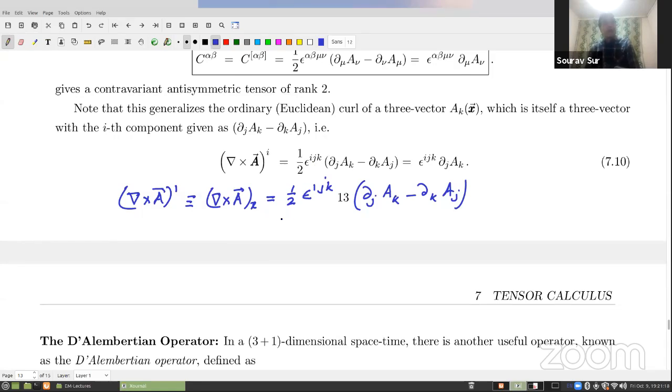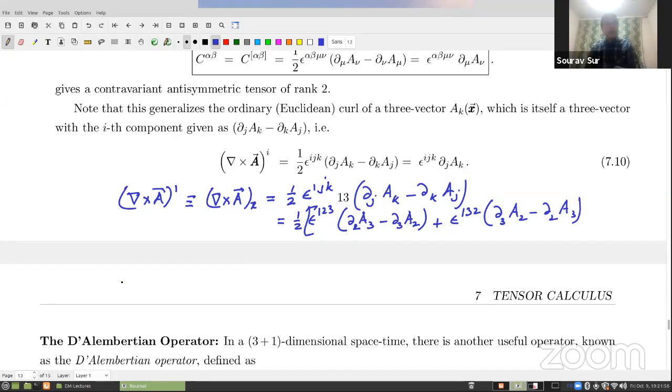So that means you can have only half epsilon 1, 2, 3 del 2 A3 minus del 3 A2. And similarly, you can have epsilon 132 del 3 a2 minus del 2 a3.